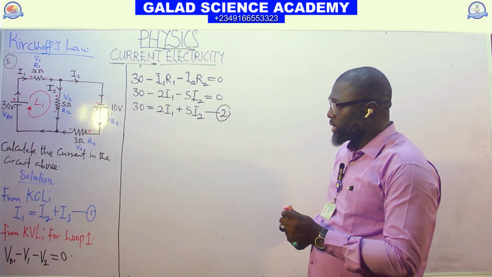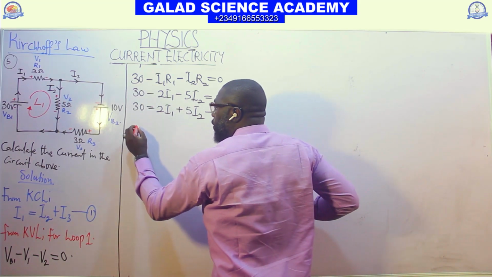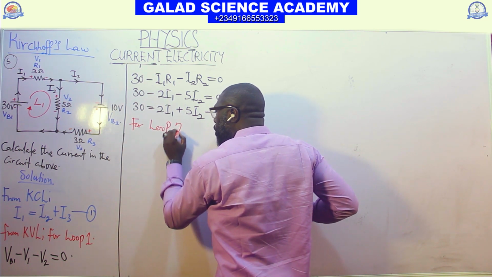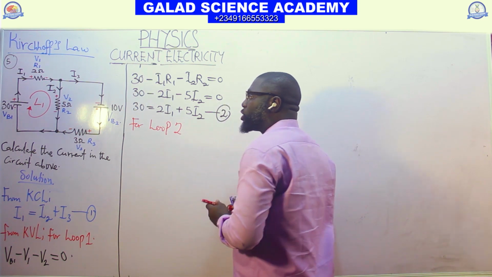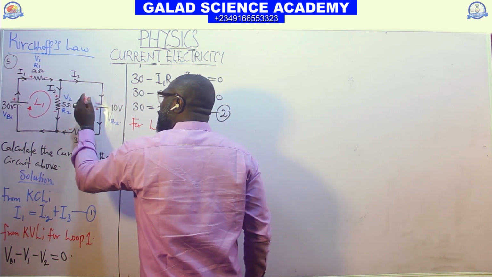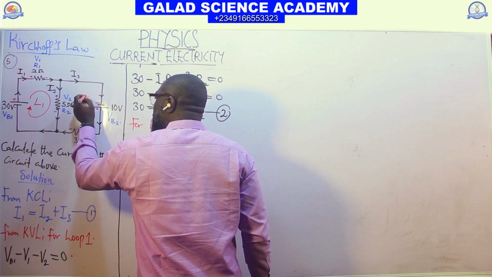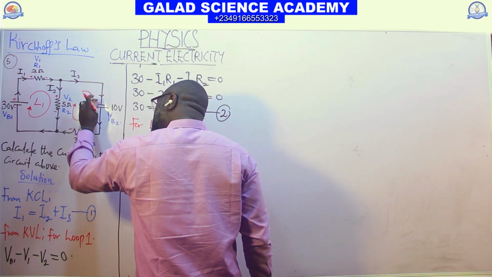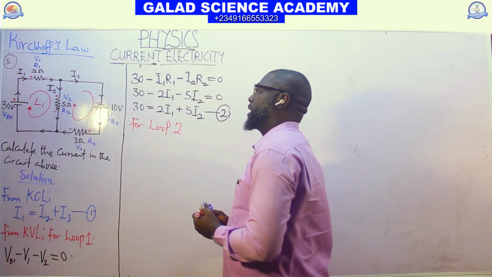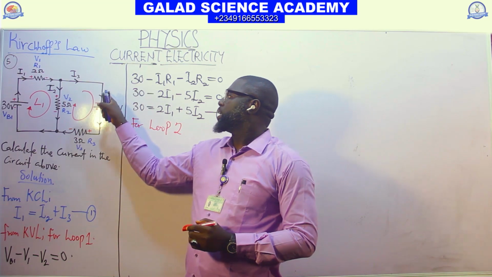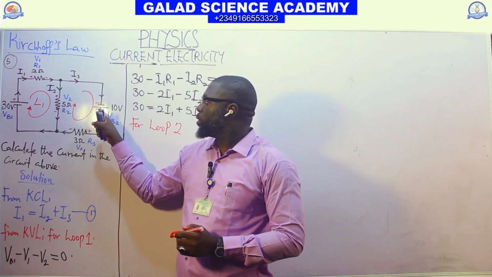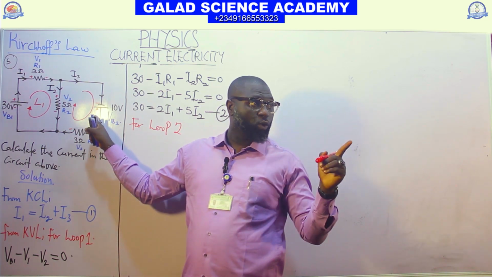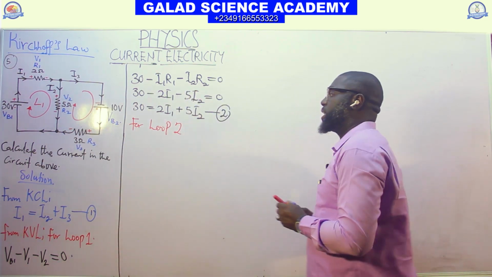The next thing is, you can say for loop 2. Where is loop 2? This is loop 2. So I can take my loop like this. This loop comes from this side. Good. Loop moves toward the positive terminal of the battery, the voltage will rise.